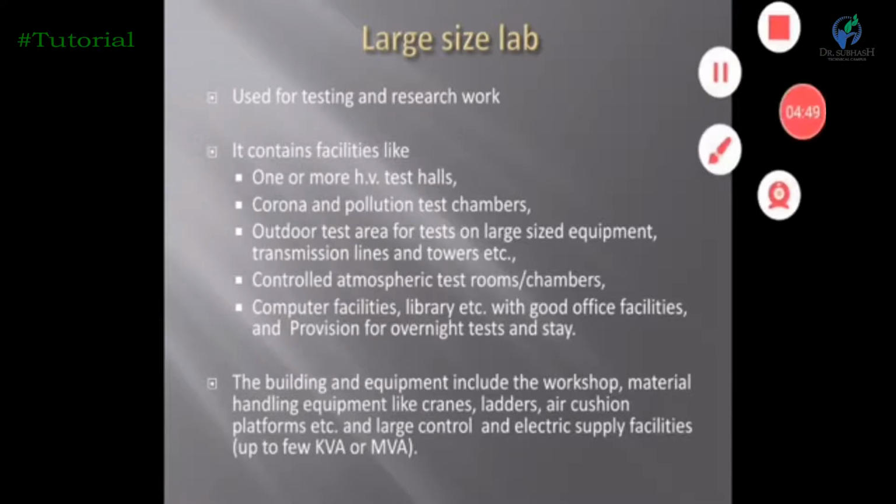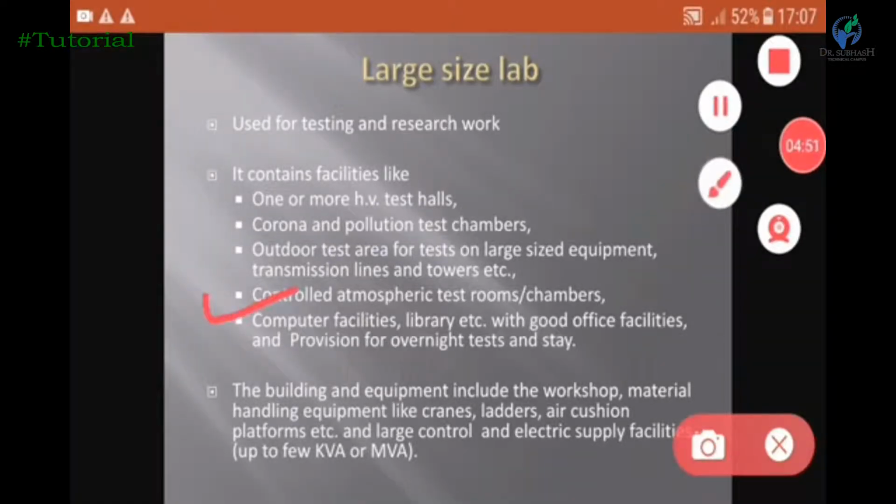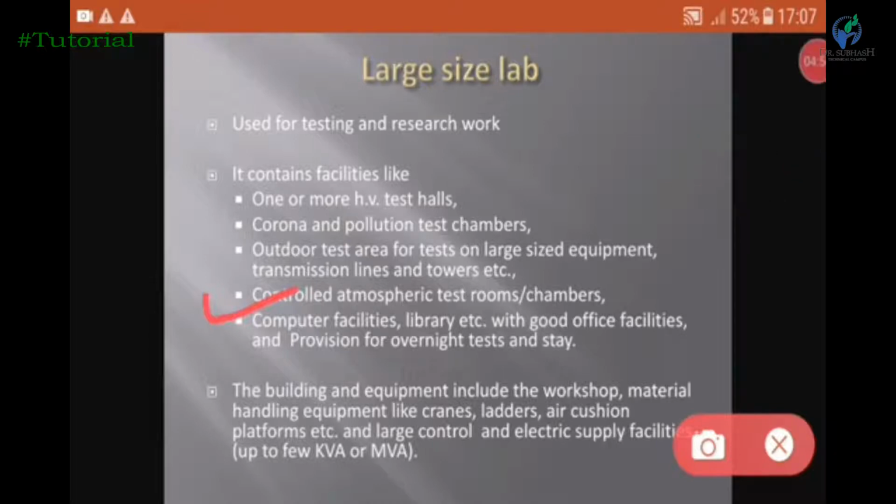This is necessary because in some cases tests are done under standard test conditions, and this is only possible in controlled atmospheric test rooms or chambers. So this must be available in a large size lab. Computer facilities, libraries, etc. with good office facilities and provision for overnight test and stay. Because some tests may take a few hours or more, an overnight test facility must be there.